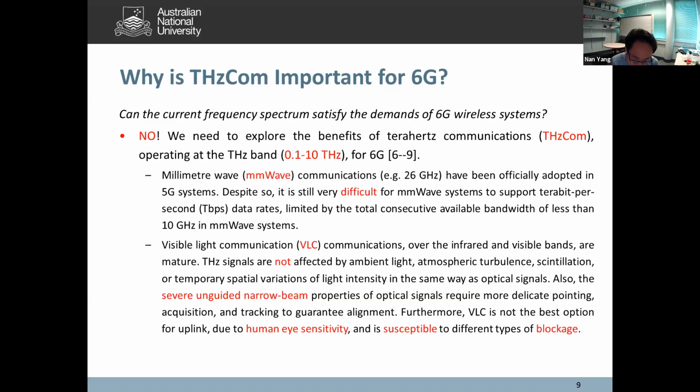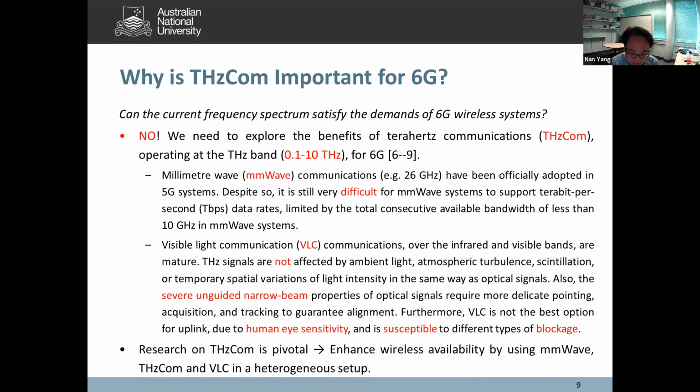So in this case, we would say that research on Terahertz communication is important, it's pivotal. But it does not mean that when Terahertz Com comes to real life, we want to use it to replace millimeter wave or visible light everywhere.